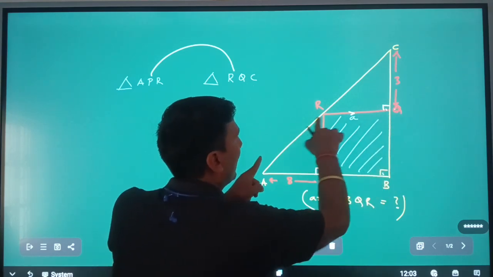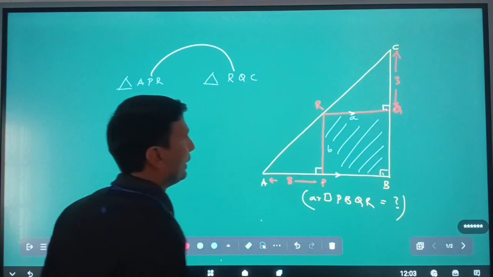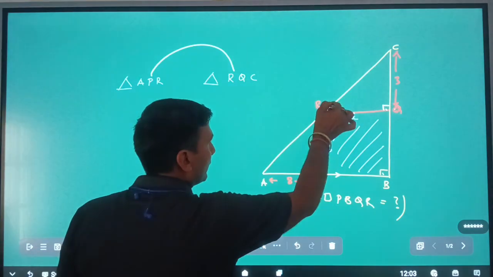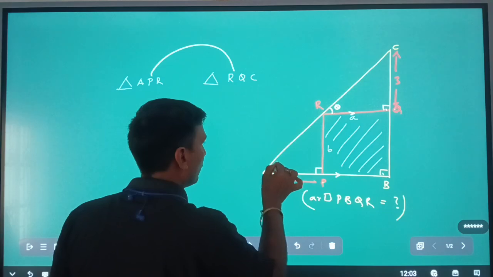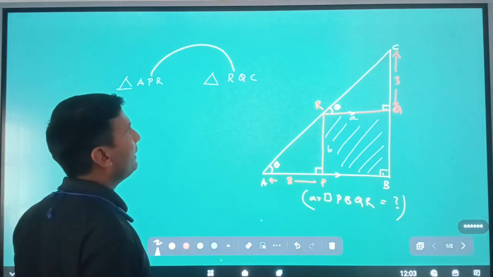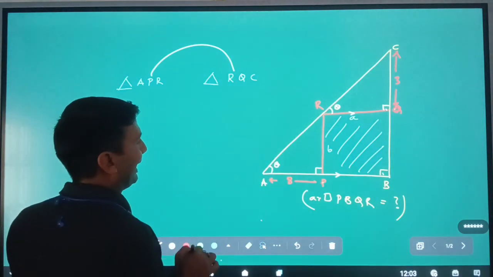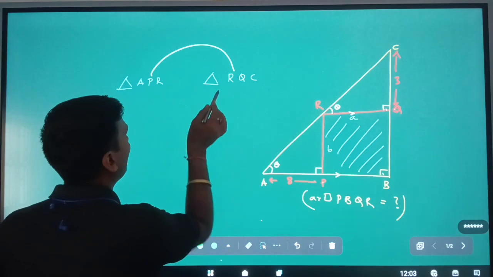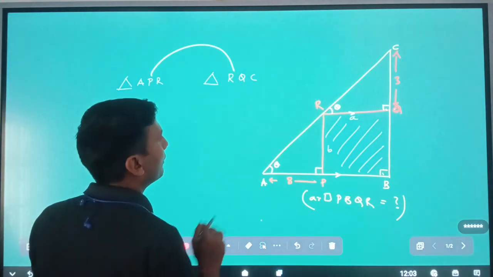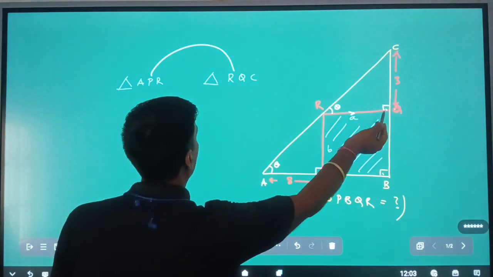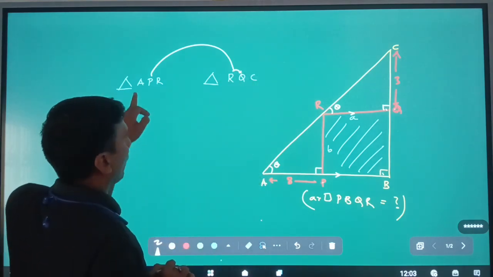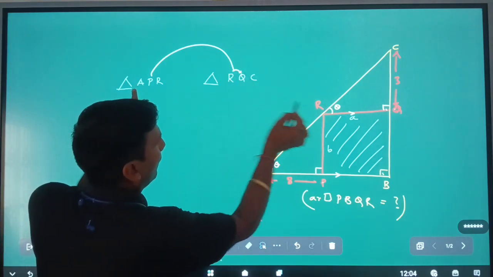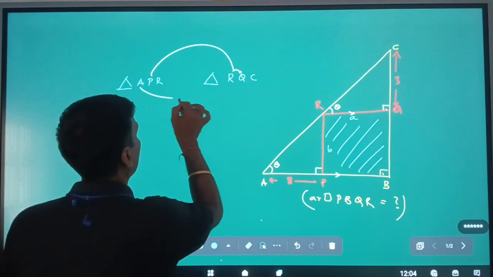I mean to say that RQ is going to be parallel to AB, and with the concept of corresponding angles, these two angles are also going to be equal. So in the two triangles APR and RQC, we have angle P equal to angle Q, which I had already denoted. Now what about angle A and angle R? These are also going to be equal.